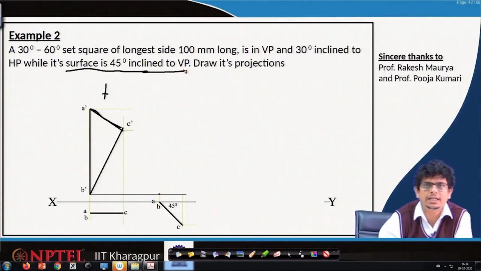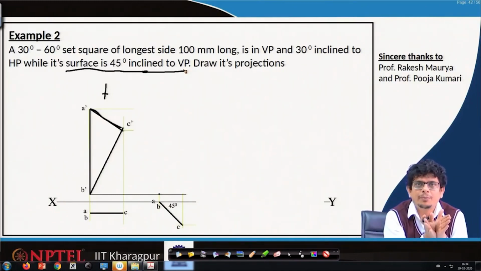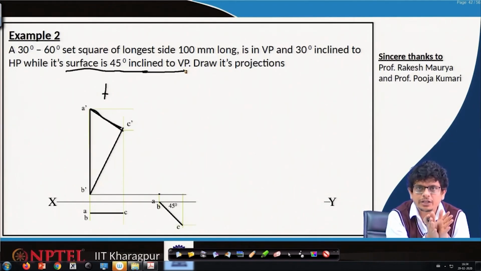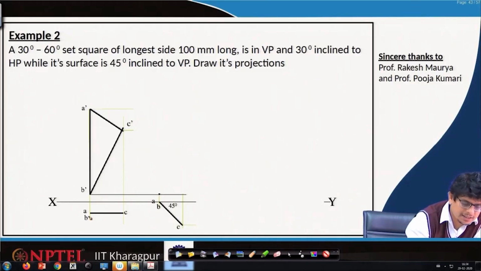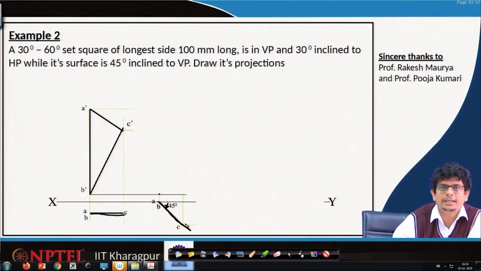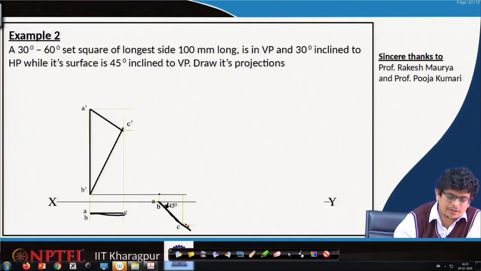Any inclination with respect to the vertical plane, we can observe only in the horizontal plane. In that case, for the same AB line, we make it a 45 degrees angle with the horizontal plane and draw it as a top view. In the top view, we can observe this inclination angle with the vertical plane. So, that A point, B point and C point, we can draw.